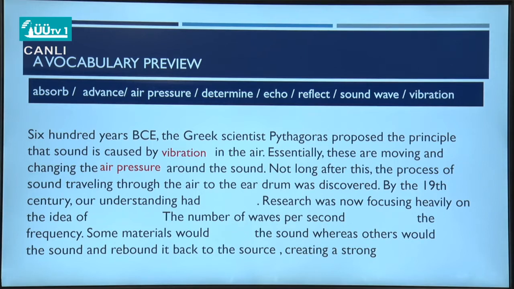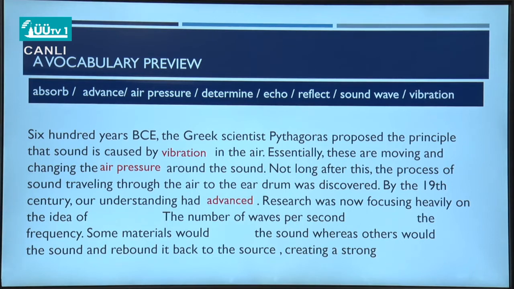By the 19th century, our understanding had, actually here you know that we need a verb. So we are talking about something that has been discovered by the 19th century. Which verb do you think we need here to explain that something has been developed, something has been growing, increasing? We can use advance as the verb here. So our understanding had advanced, yes.